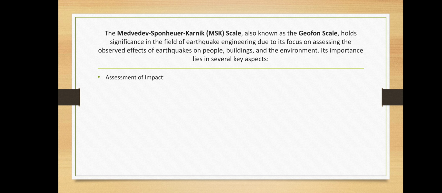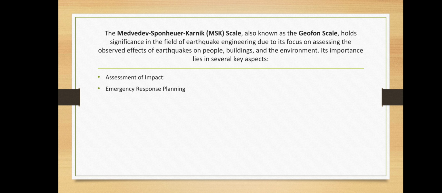The Medvedev-Sponheuer-Karnik MSK scale, also known as the Geofon scale, holds significance in the field of earthquake engineering due to its focus on assessing the observed effects of earthquakes on people, buildings, and the environment. Its importance lies in several key aspects.